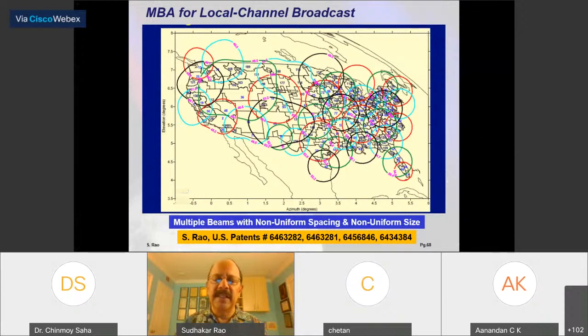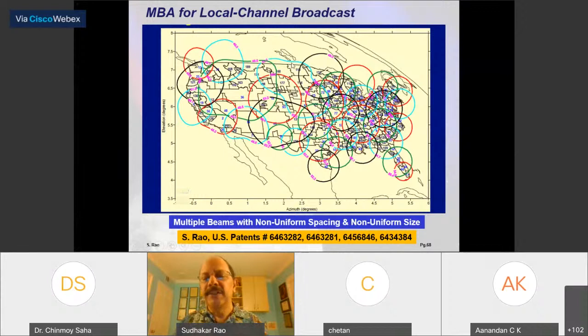The design is a bit difficult here because on the East Coast, you can see all the DMAs are congested because the density of population is high. In the Midwest, the density of population is low. The West Coast is also high density, but not as dense as the East Coast.